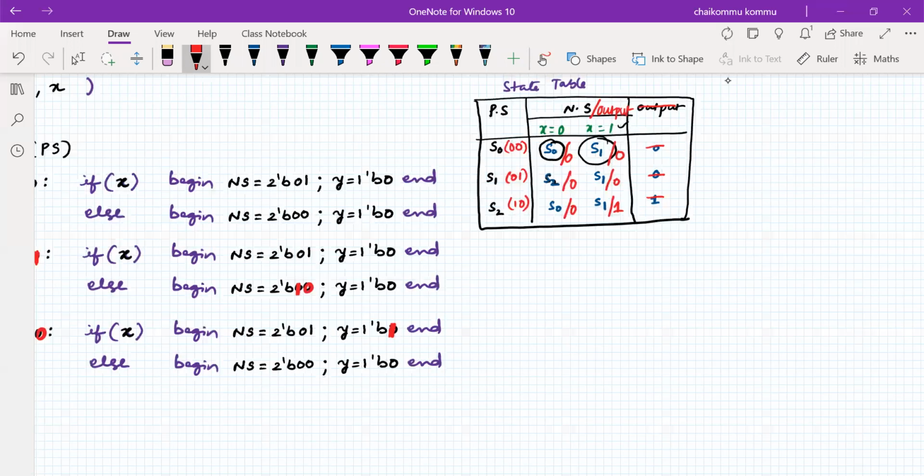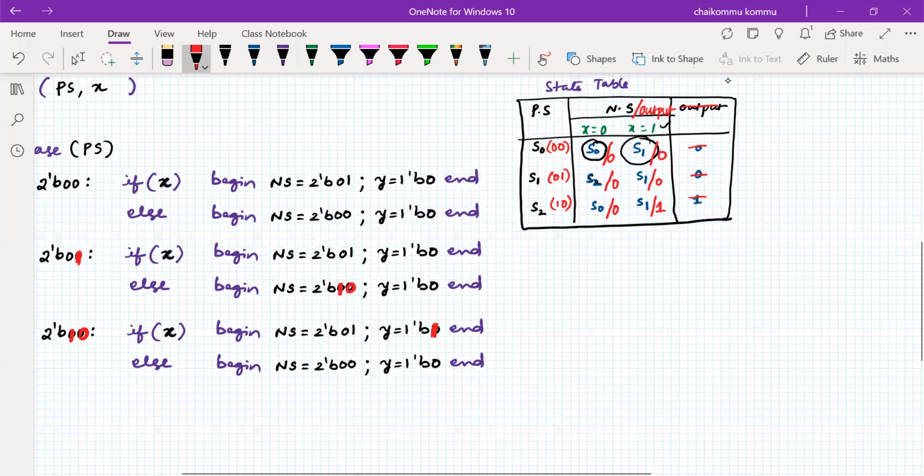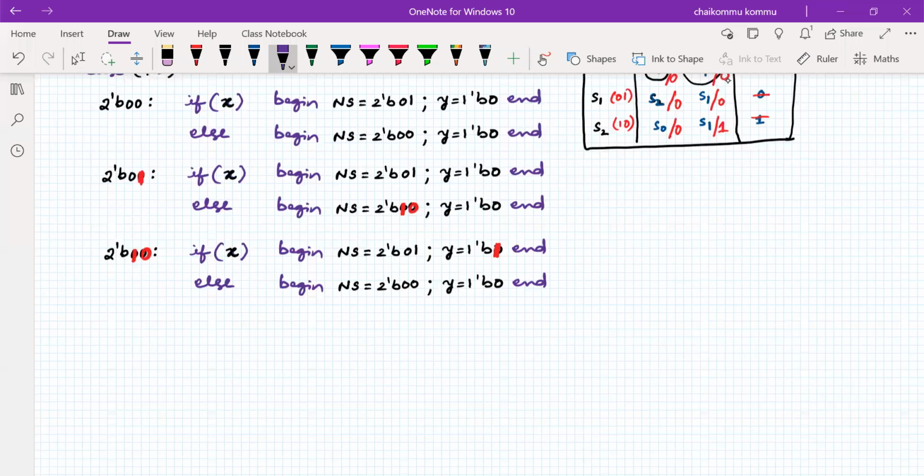Finally, we need to write the default. What is the next state? Let us write begin, and next state is the same state. Next state is equal to initial state 0 0, and output Y is equal to 1 bit of 0.